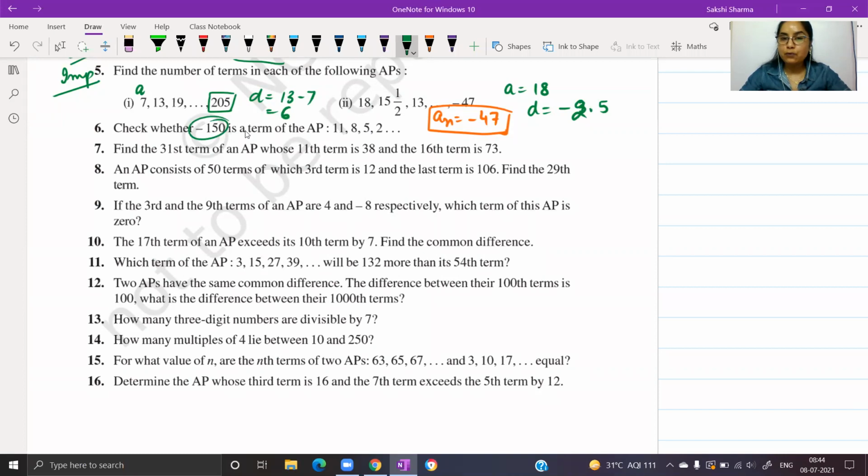Just like the fourth question, we assume that this comes at the nth place in the arithmetic progression. So an will be equal to negative 150, and we will try to find the value of n. We are trying to find at what place minus 150 will appear. If it is a natural number, then you can give the answer, yes, this is one of the terms and it will appear at this place. Else you will say no, this is not possible.